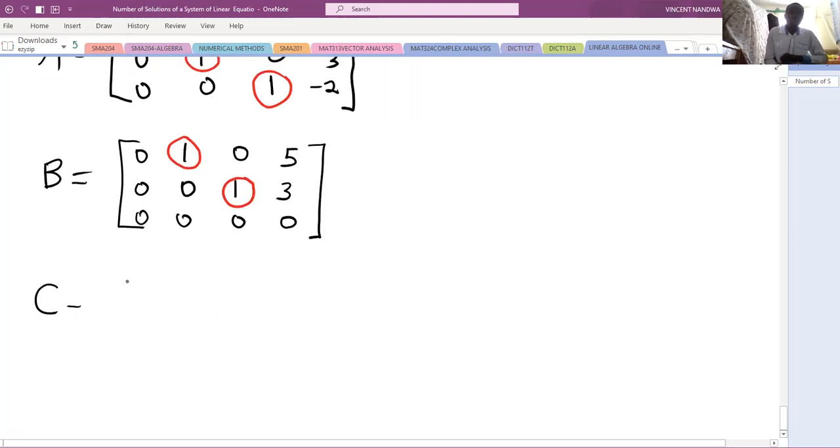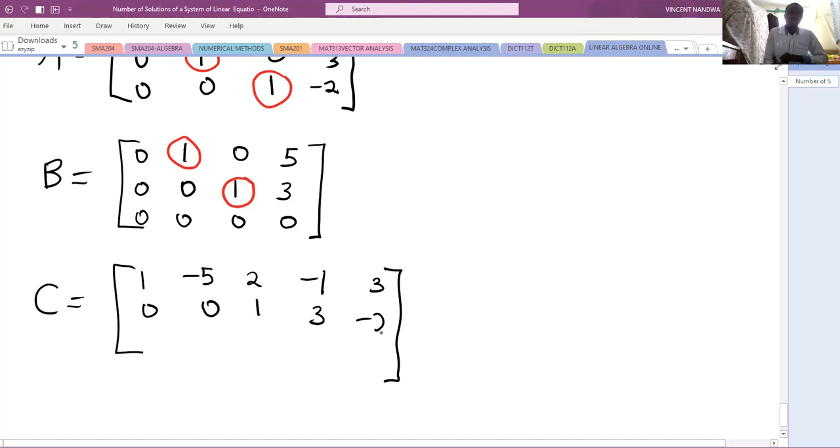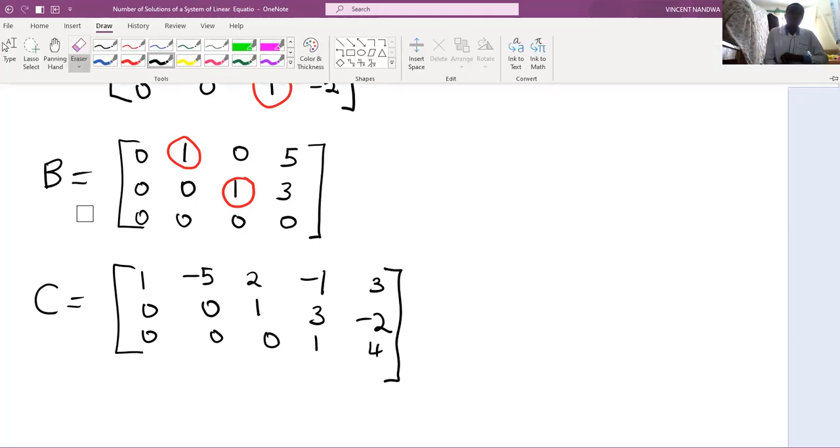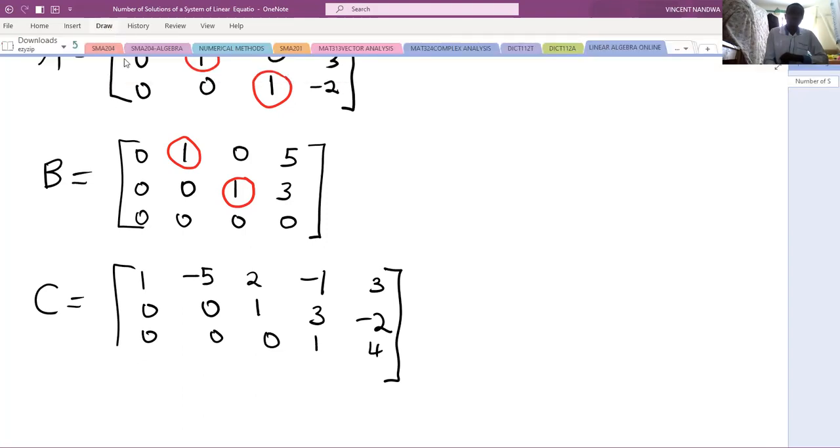And then C: 1, -5, 2, -1, 3, 0, 0, 1, 3, -2, 0, 0, 0, 1, 4, and then 0, 0, 0, 0, 1.